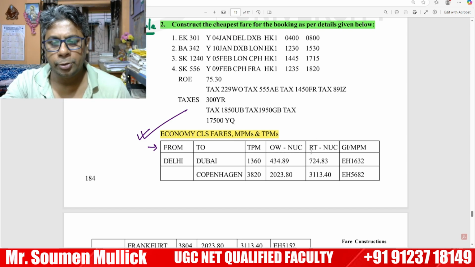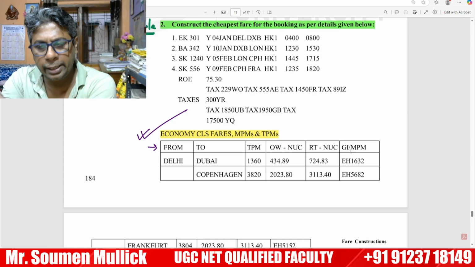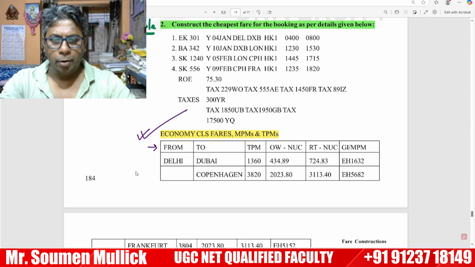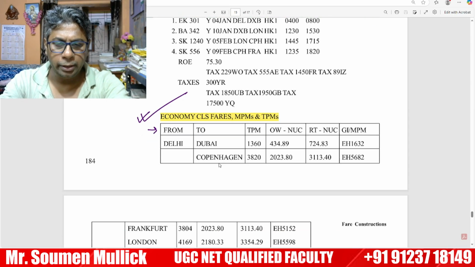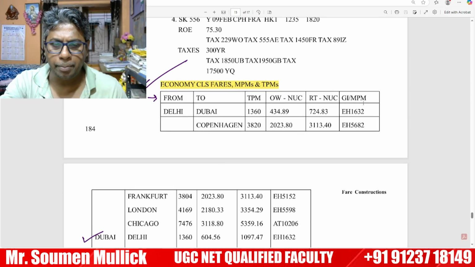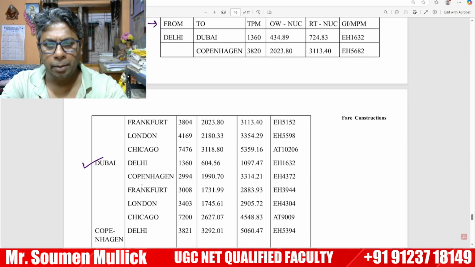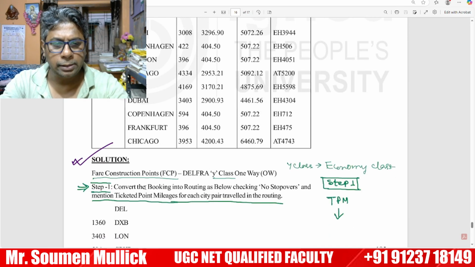RT means return trip neutral unit construction. And GI, global index, and MPM, maximum permitted mileage. They have already given this. From Delhi to Dubai, Copenhagen, TPM, one-way charge, return charge, MPM charge. They have given this. Okay, so these are the solutions.